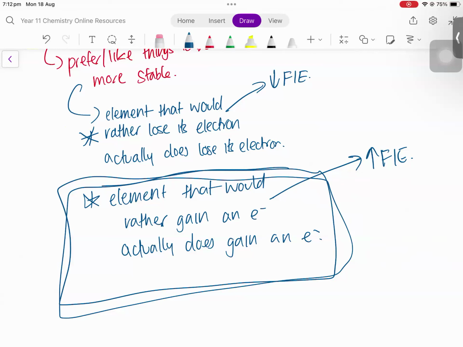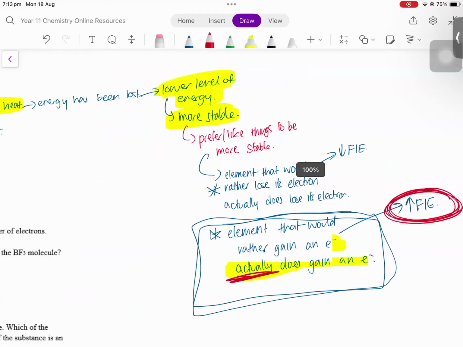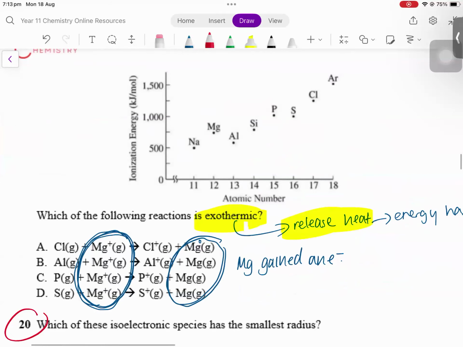For it to be doing what it actually wants to do, it needs to be the one in the reaction to have the higher first ionization energy.